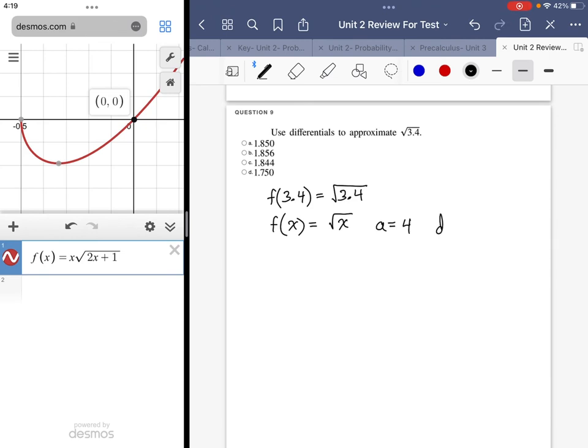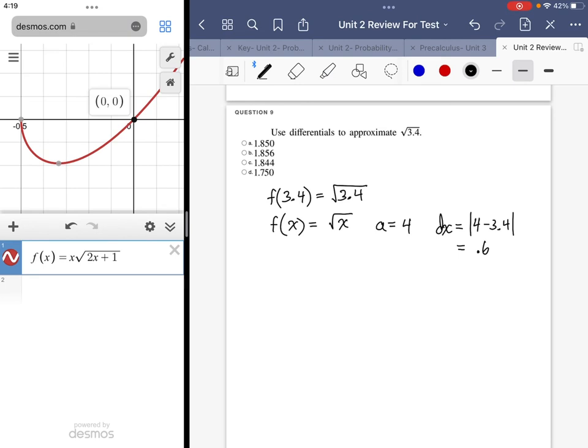So the dx is going to be the difference between those two numbers, 4 minus 3.4, or 3.4 minus 4, either way we're going to find the absolute value of that anyway, which is going to be 0.6. So the difference between the number that we have and the number that we want.